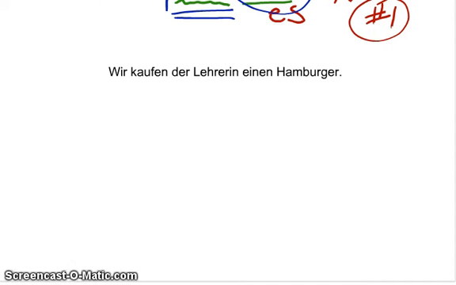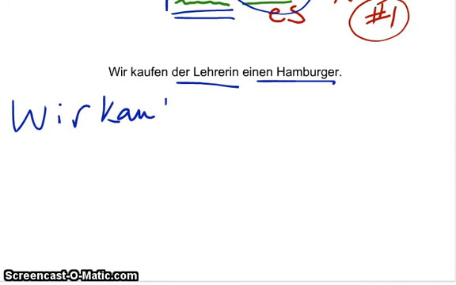In this next example, we're going to replace both of these with pronouns. We buy the teacher a hamburger. So we buy. We know that teacher is feminine. We know that hamburger is masculine. You should know that we buy what? This is accusative case.